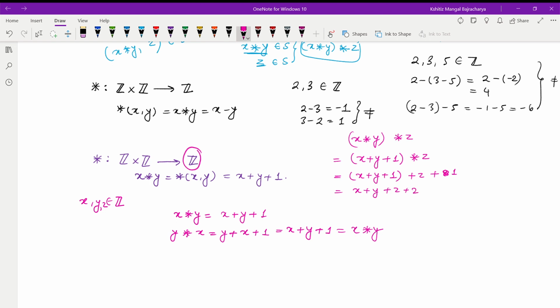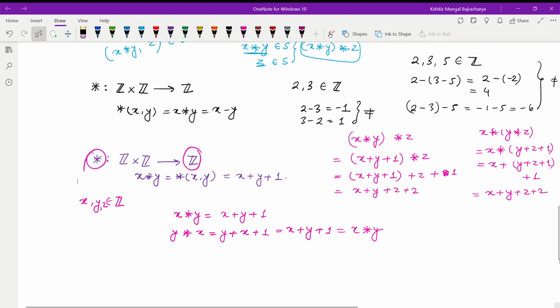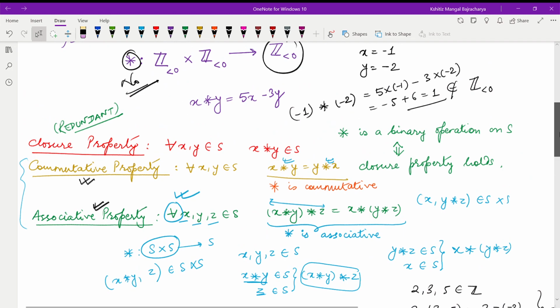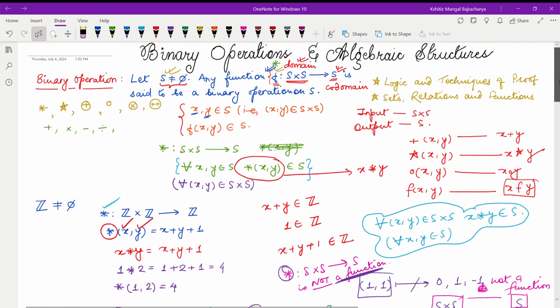And similarly, x star y star z is equal to x star y plus z plus 1, which is equal to x plus, now this appears instead of y, which gives us x plus y plus z plus 2. So this binary operation is both commutative and associative. These are just two simple examples to illustrate those properties.